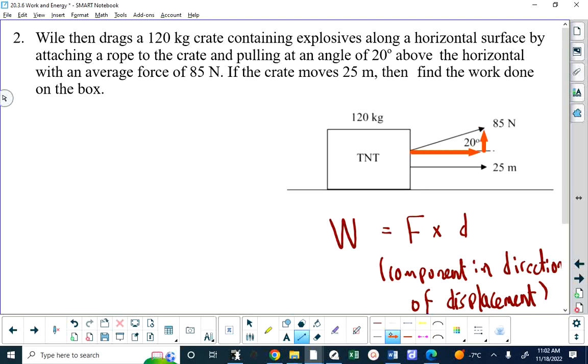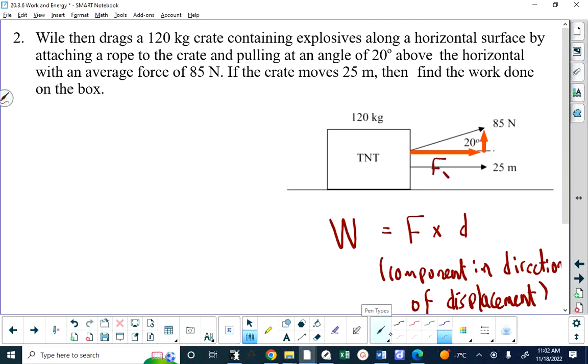So if we want to find this component of the force that is in the same direction, which is an x direction, we would use cosine of that 20 degrees equals that component of the force in the horizontal direction over the hypotenuse, which is 85 newtons.